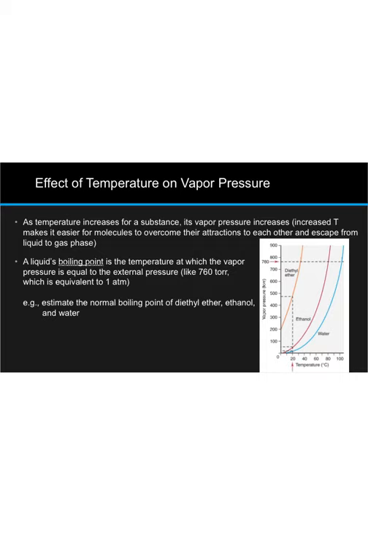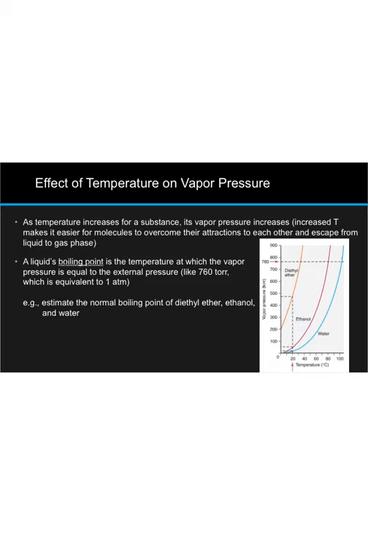We say that the temperature at which the vapor pressure for a liquid becomes equal to the external or atmospheric pressure around that liquid is the boiling point for that liquid, the point at which it starts to spontaneously move from liquid to vapor, going through a phase change.